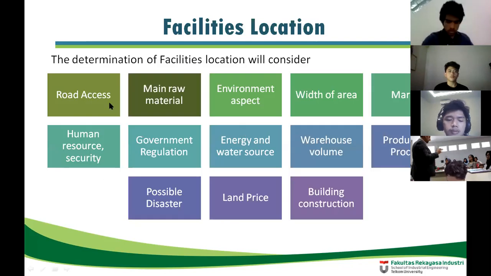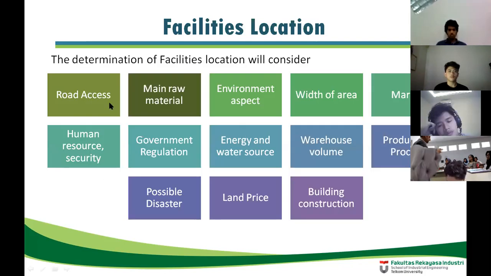And then, in finding the location itself, there are so many considerations, so many aspects. You may read them on the screen. For instance, the accessible road, and then if you want to maintain the raw material, maybe you will consider a location near the source of the material, because shipment issues can damage your material performance.